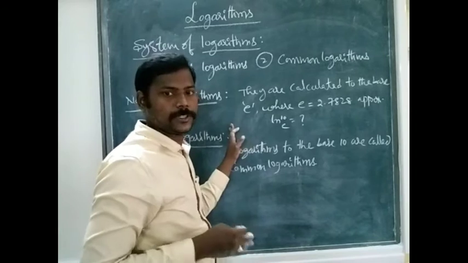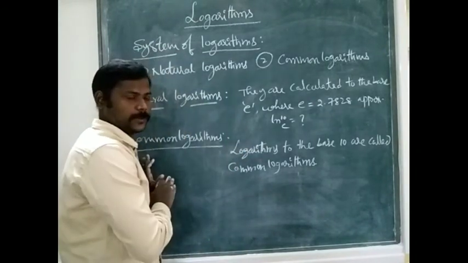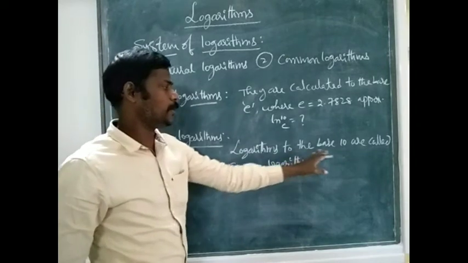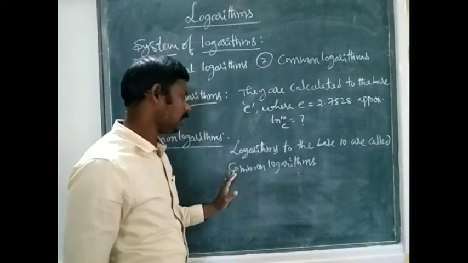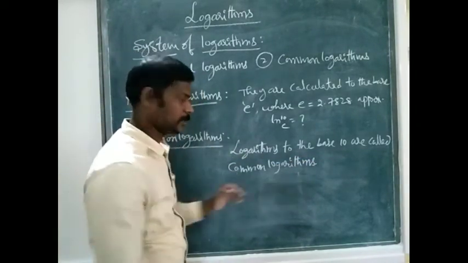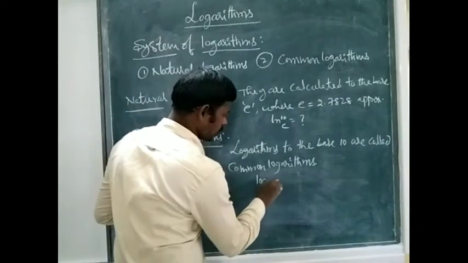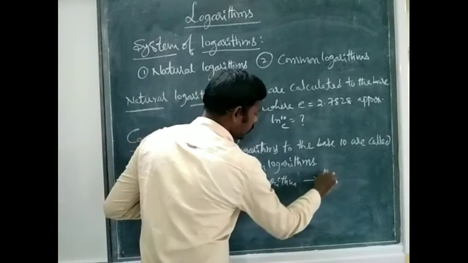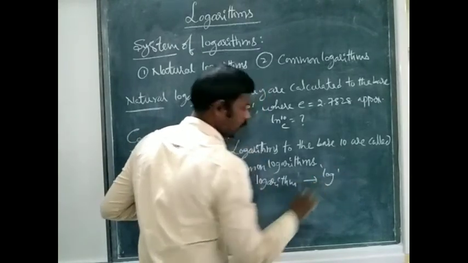Now our main focus is on common logarithms. What are the common logarithms? Logarithms to the base 10 are called common logarithms. For these common logarithms, in place of logarithm, we use the LOG symbol.